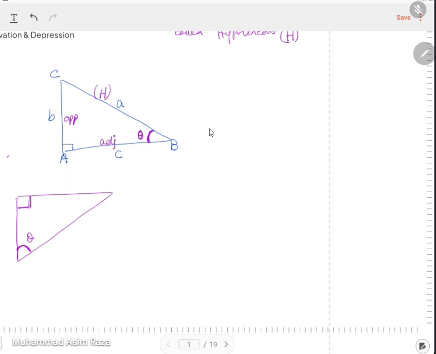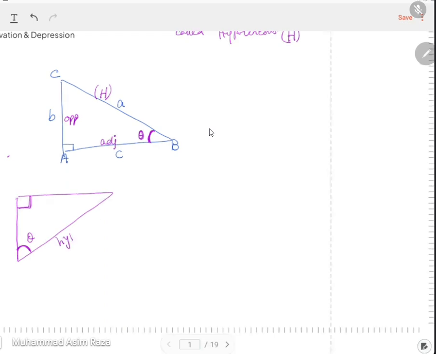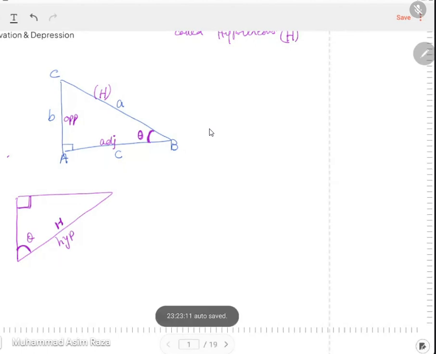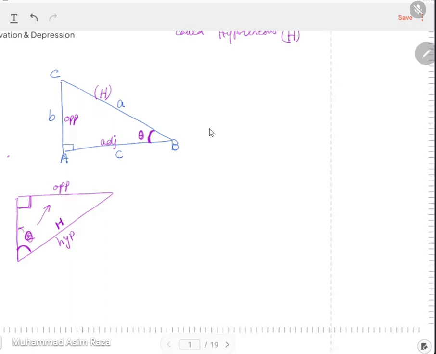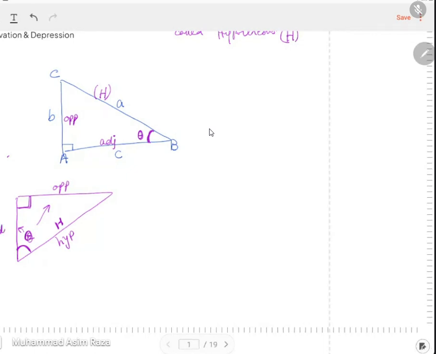You know that the side which is opposite to 90 degrees is called hypotenuse, and it can also be written with capital H. And the side which is opposite to theta, like this side, will be called the opposite side, and the side which is adjacent to theta other than the hypotenuse is called the adjacent side.